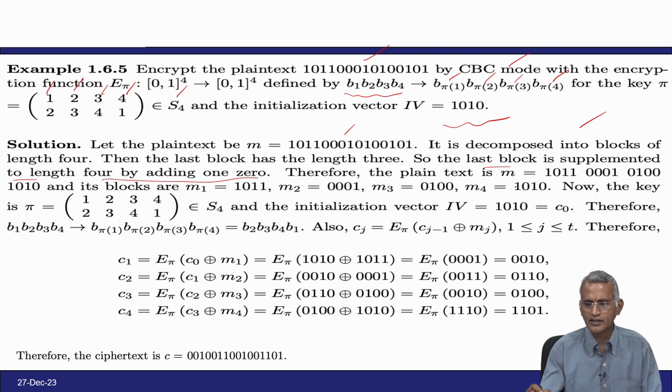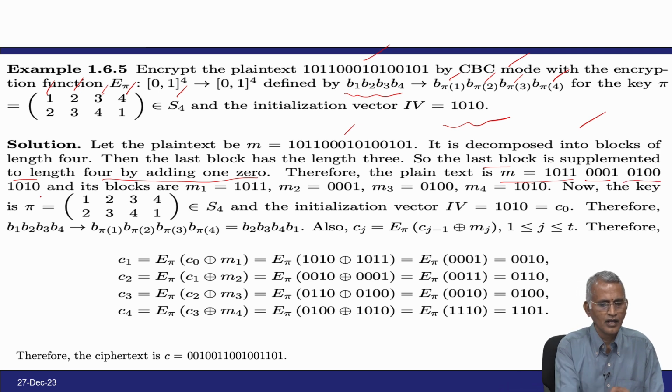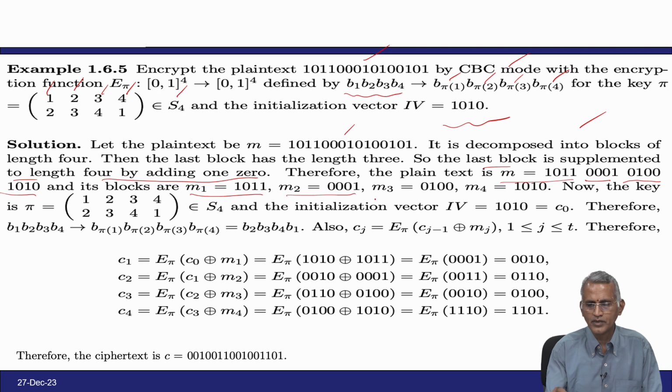Therefore, the plain text is m equal to 1011 0010 0100 1010, and its blocks are m1 equal to 1011, m2 equal to 0010, m3 equal to 0100, m4 equal to 1010.